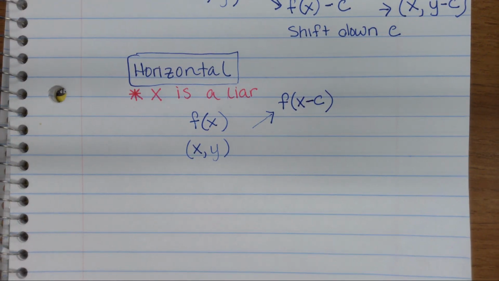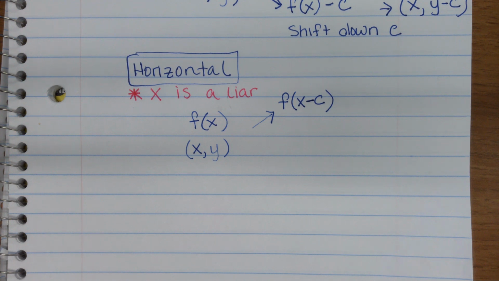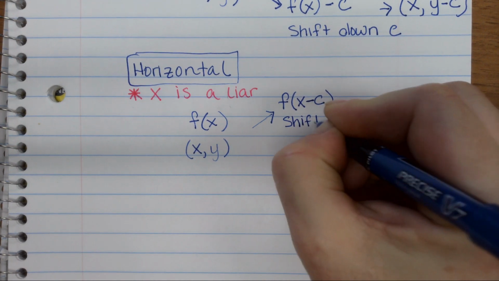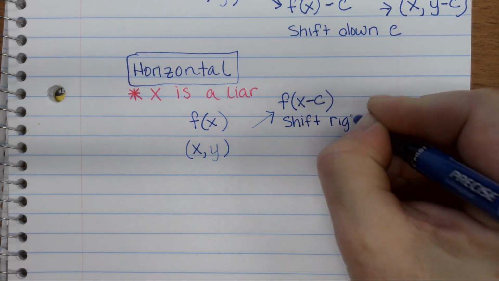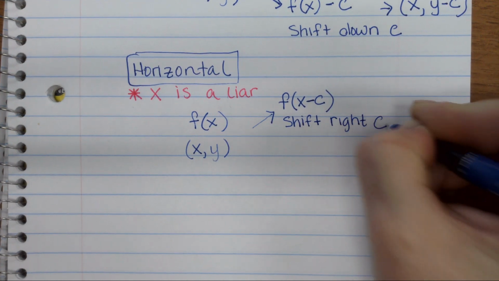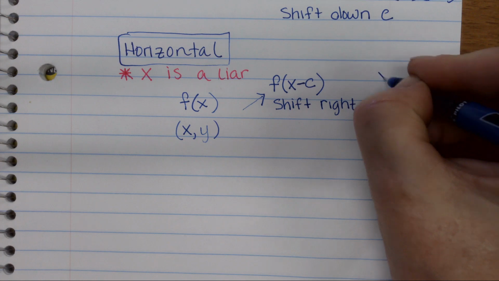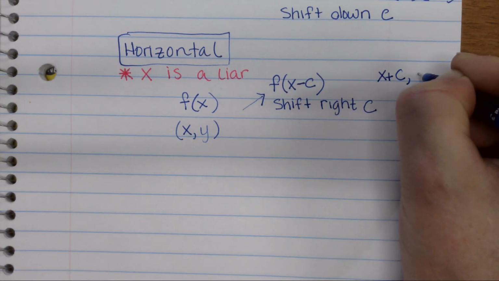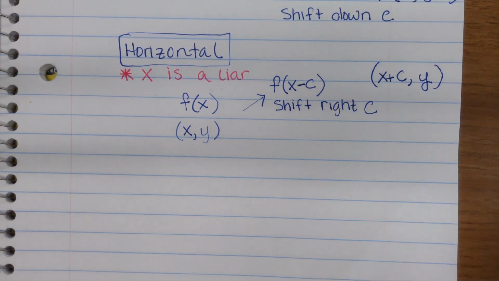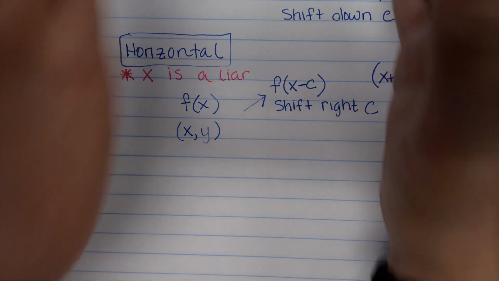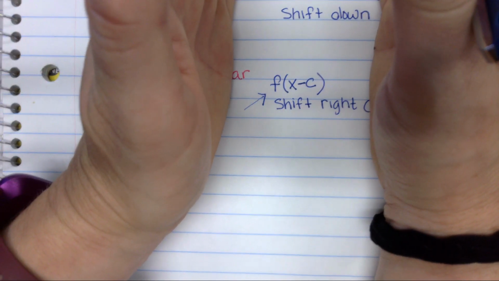And if that happens today, x is a liar, it's in with the x, we are going to move that right by c. And so the ordered pair actually becomes x plus c, comma y. So it's the opposite of what you would think. And I wouldn't even look at this part right now because how we're going to see it today is this middle column. That's what you're going to be looking for.